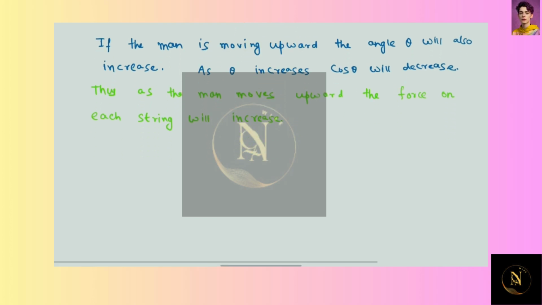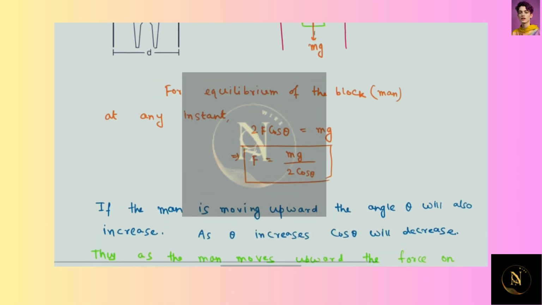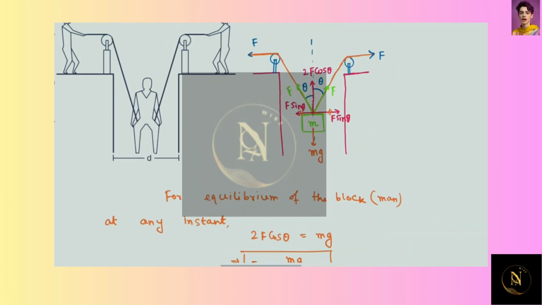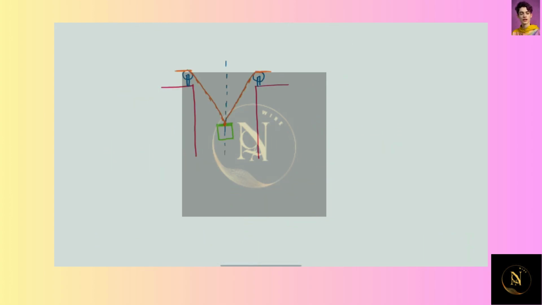In the second part of the question, we have to find the value of force when the depth of the man is h. Let's try to see that situation with a diagram. As it is given, the width of the ditch is d.